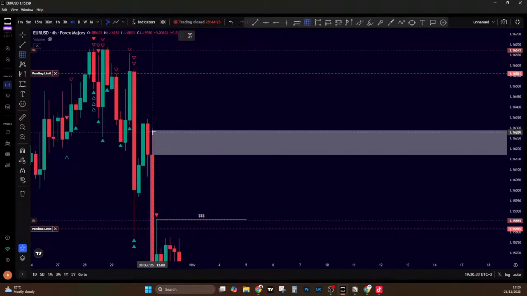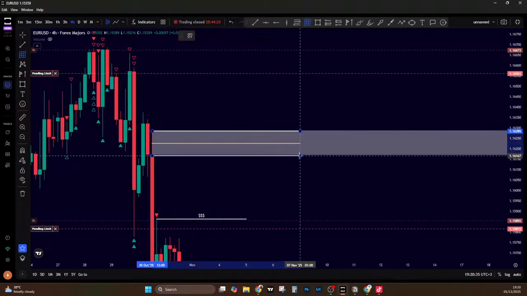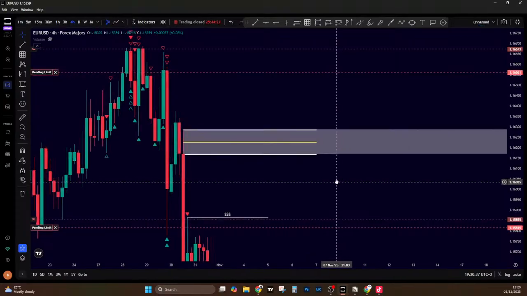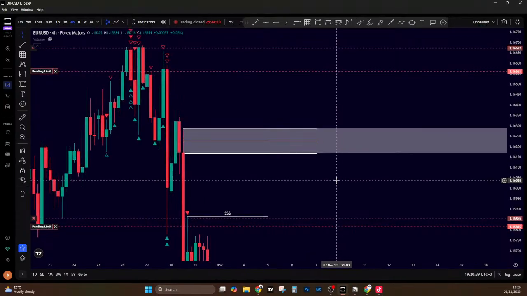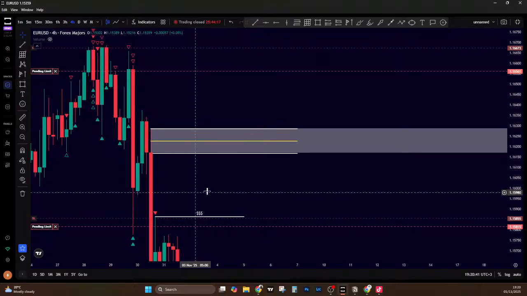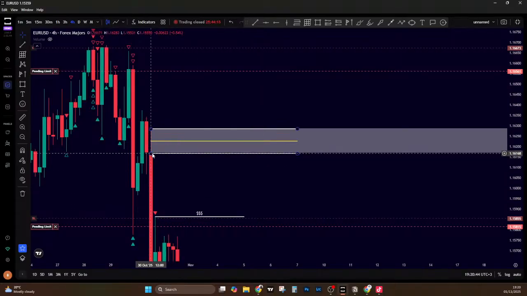And those from my group, I teach you that we have two ways how to trade the wick. The first way is what? The base of the wick.